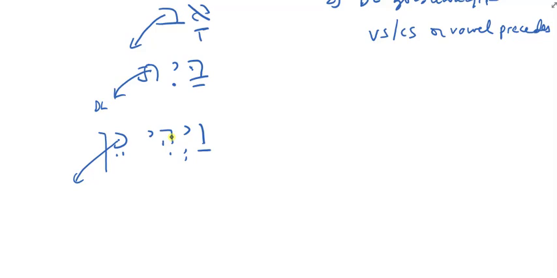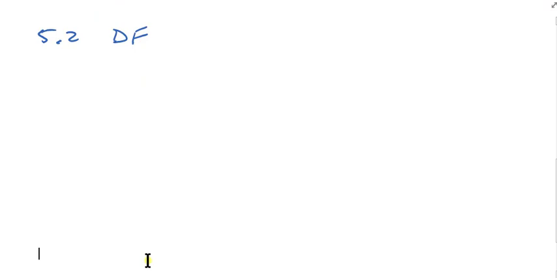In 5.2, we meet with dagesh forte. Again, I will abbreviate that DF, dagesh forte, strong dagesh. Dagesh lene can only occur in how many consonants? 6, because there are only 6 begad kafat letters.